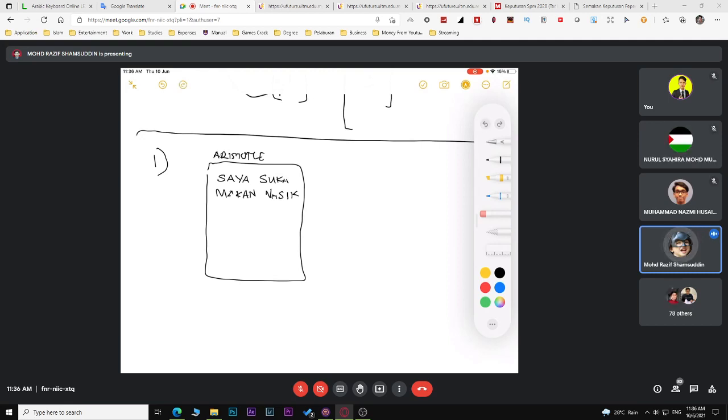Tu hilang terus. Macam ni kan. Contohlah. Tapi kita nak apa tu? We want to preserve ataupun we want to find the correct text. Text yang asal tu kita nak retrieve balik semula. Okay, that's why it is called a document retrieval, right?